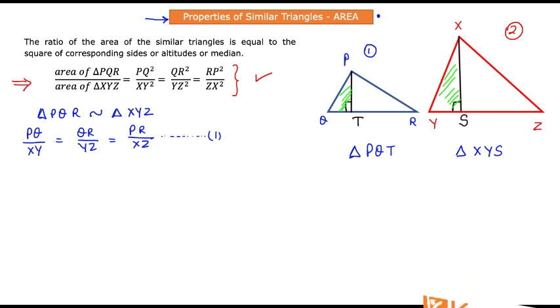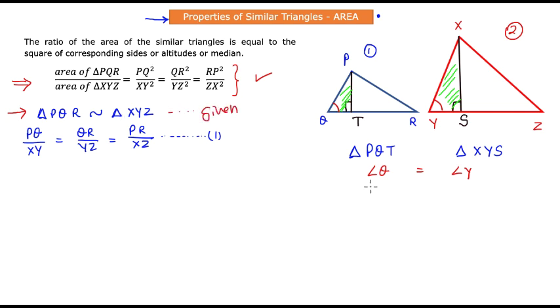I see that the angle at vertex Q is equal to the angle at vertex Y, correct? Because those angles are also part of our original triangles and they are equal because these two triangles are similar. It's given to us, right? This is given, by the way.